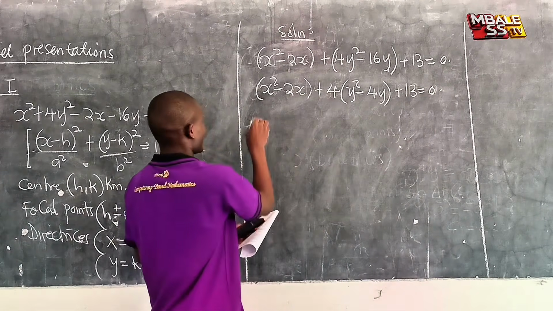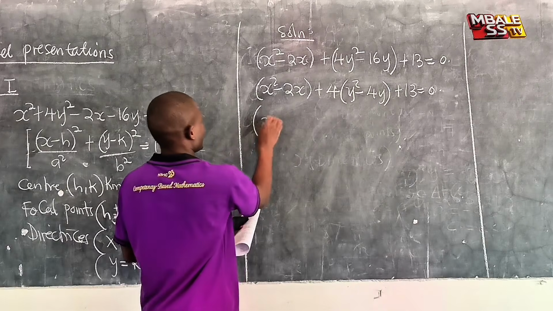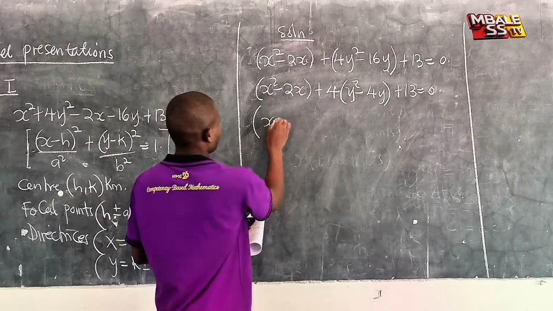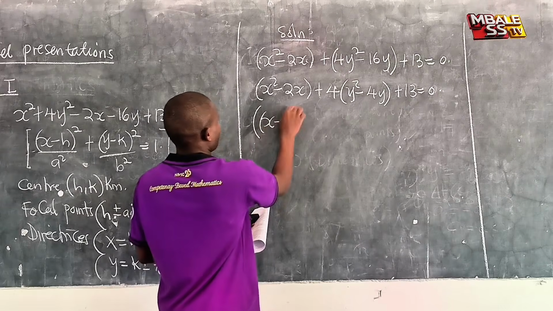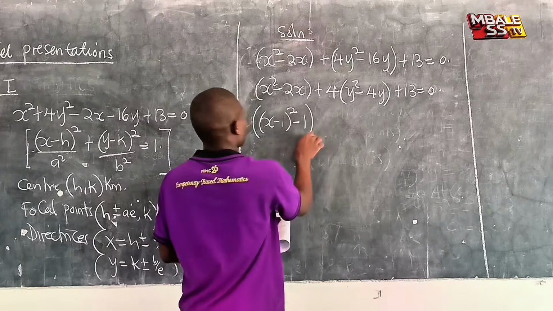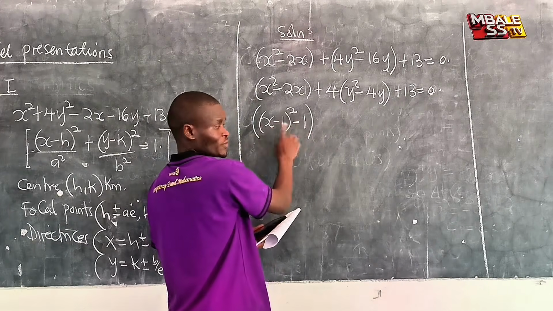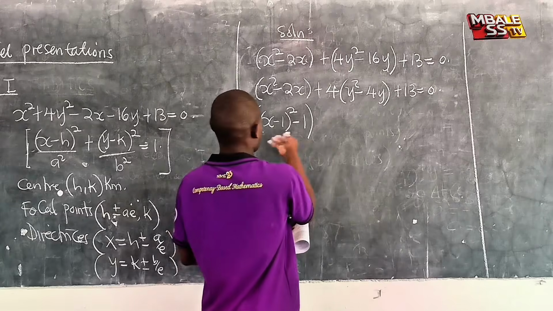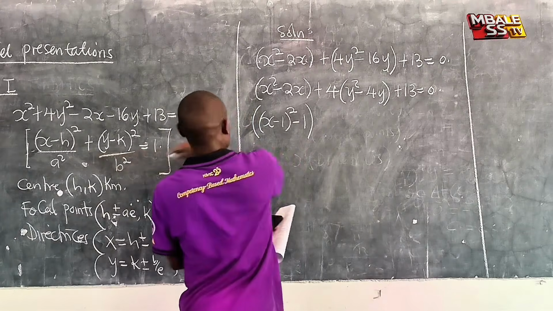Now complete the squares. This one will give us x: the half of negative 2 is negative 1, so this will be (x minus 1) squared minus the square of this 1, which is 1. We are just using completing squares to move to this form.